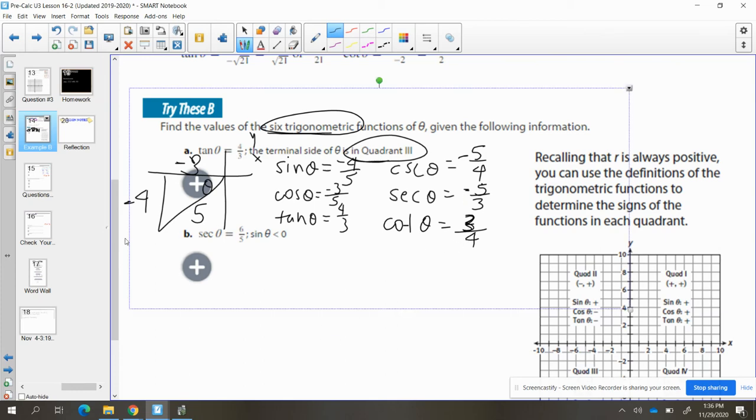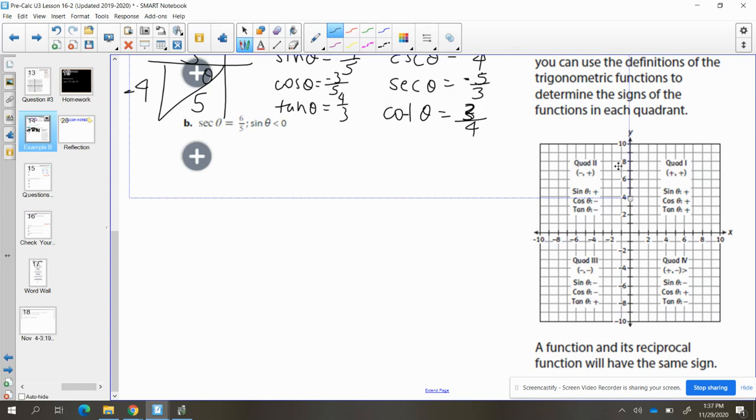Okay. So again, knowing this information is super helpful to us, especially when we have part B here, because this time they're telling us that the secant is 6 over 5. Well, the secant is your r value over your x value, or hypotenuse over adjacent, however you want to think of that. Now they're also telling us that sine is less than 0, aka your sine value is negative.